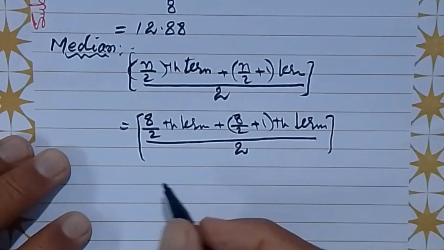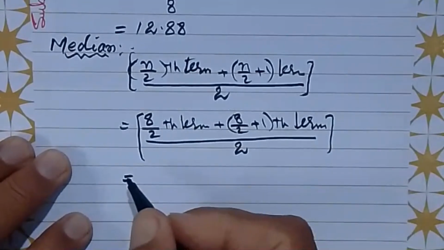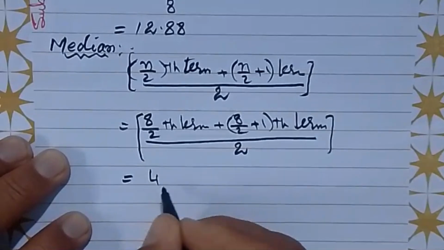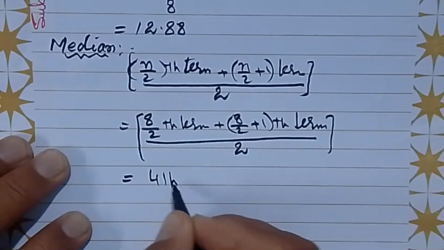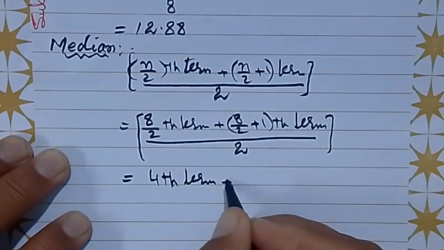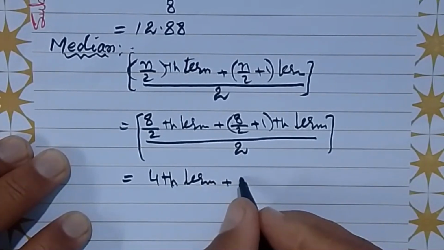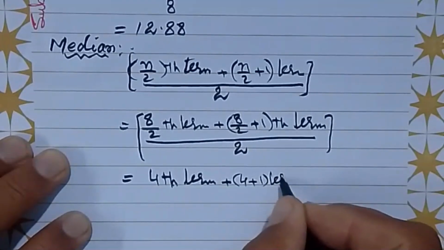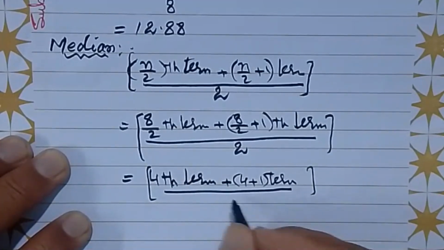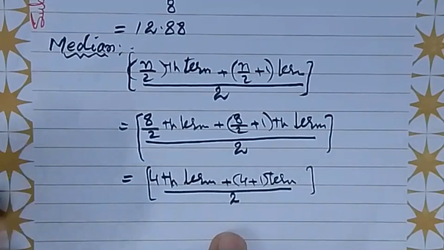This is equal to the 8 divided by 2, fourth term, plus the 4 plus 1 term, divided by 2.